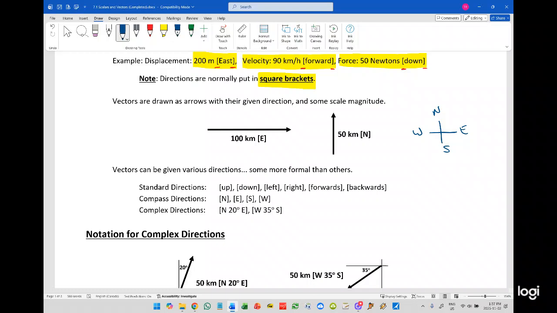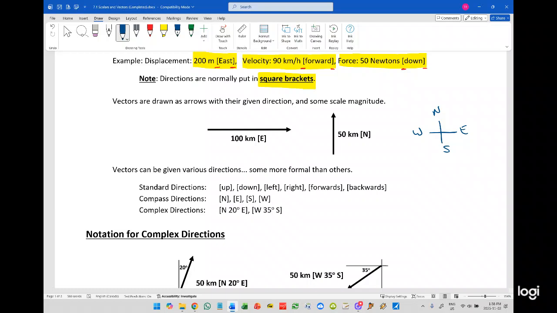So again, I've listed some of the standard directions here: up, down, left, right, forwards, and backwards. And those are good depending on the questions that we're doing. Then we do the compass directions, north, east, south, and west. And like I said, for our examples, we're going to stay more or less with those just because they're easier to work with. And then we have complex directions, which can be represented in several different ways.